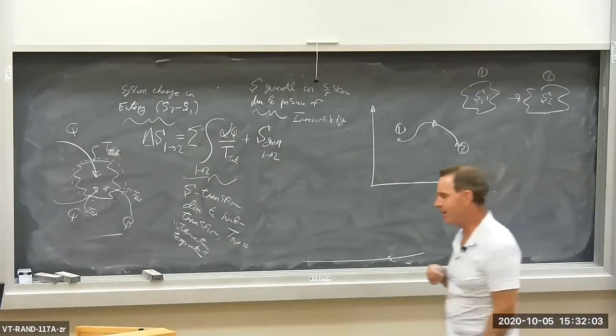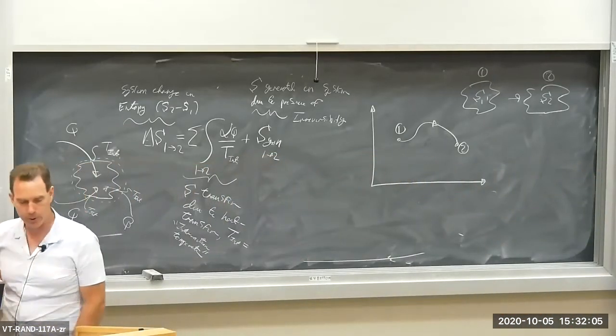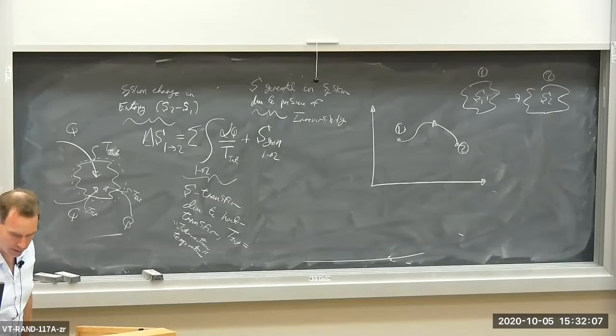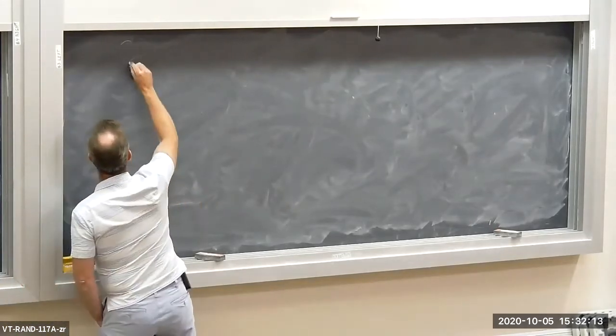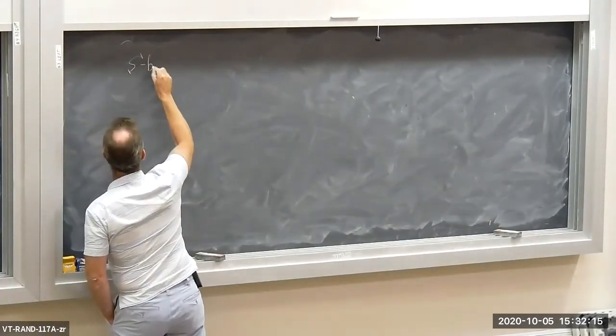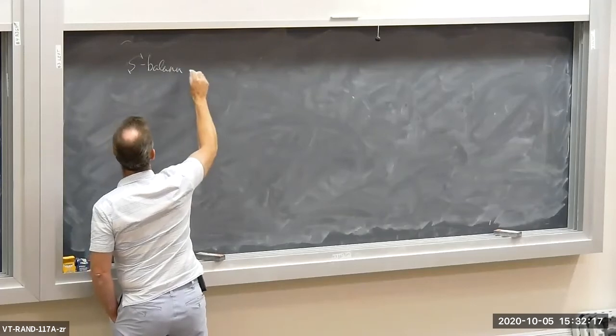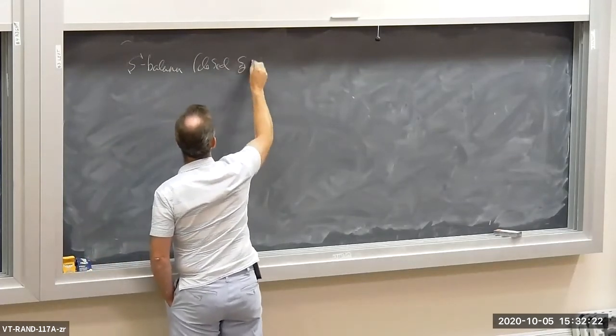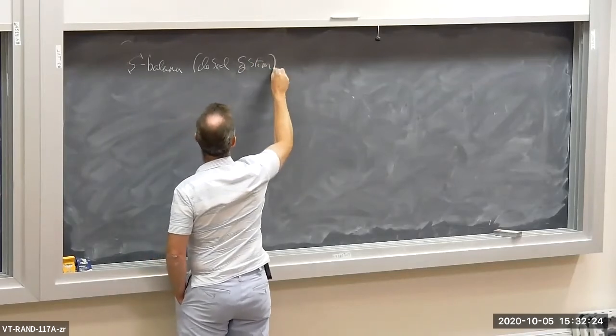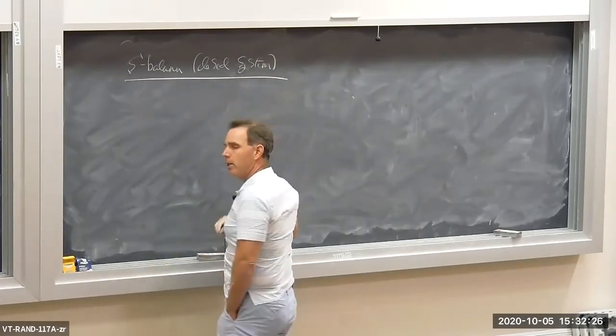With that in mind, let us write the entropy balance in its full form and various versions. S balance, closed system. Let's make a little table here.